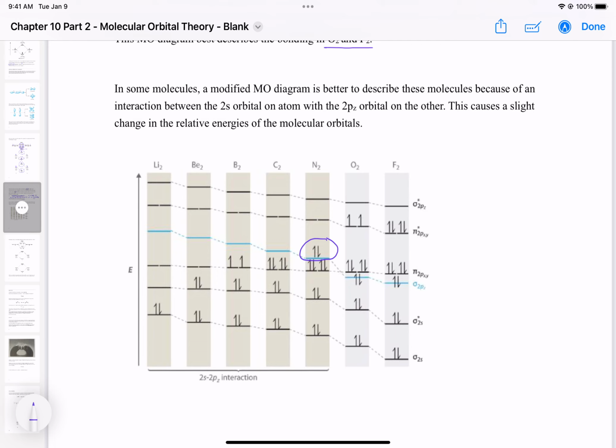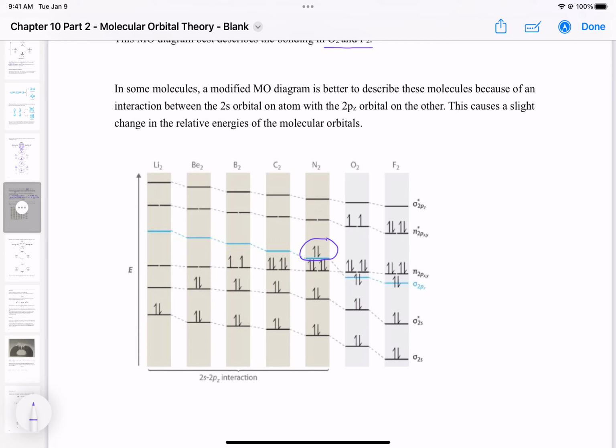Usually the more electronegative we go, the further we go across the periodic table, this orbital is going to interact more favorably with the sigma 2s orbital.